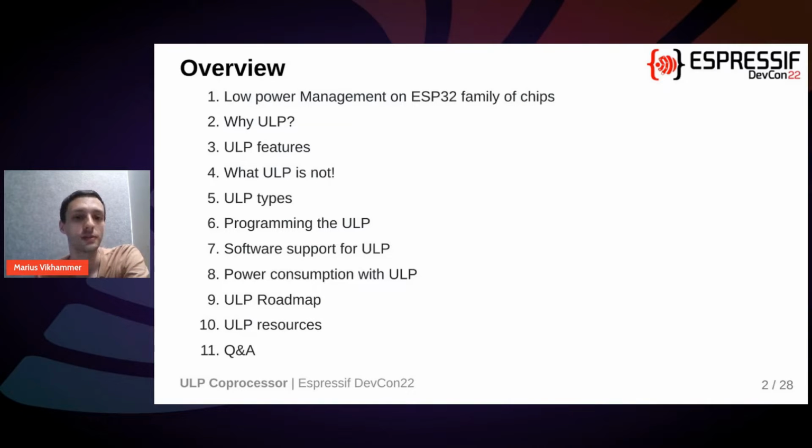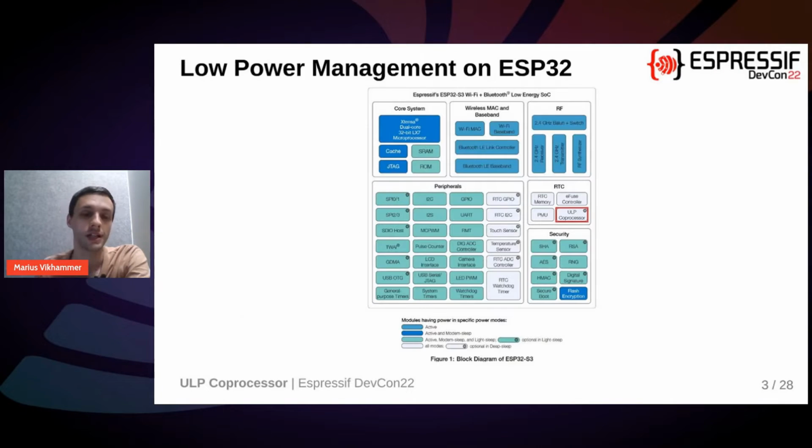And then we'll also give some examples of what kind of power consumption you can get while running with the ULP. And then to end it off, we'll do a roadmap, show some resources in case you want to learn some more. And then at the end, have a Q&A if there are any questions.